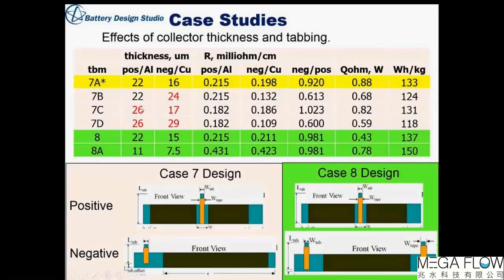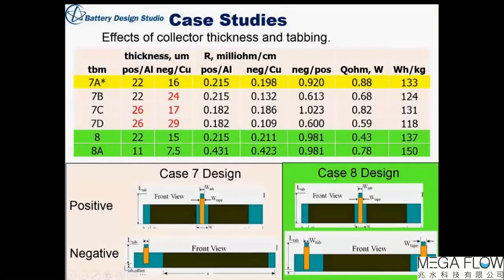So to optimize this cell design using the same tab configuration, probably our best bet would be to increase the negative collector thickness a little bit, and that would reduce our ohmic heating significantly and with a small loss in energy density.